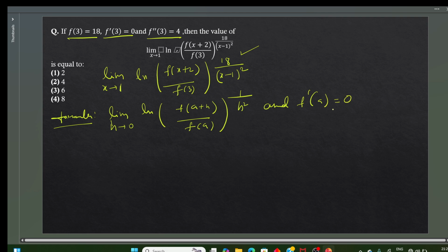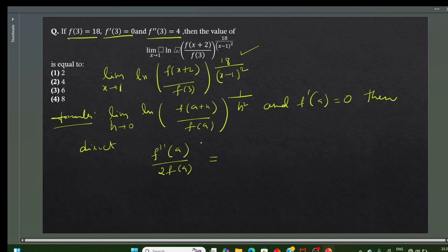If f dash of a is equal to 0, then the direct formula is f double dash of a by 2 into f of a.